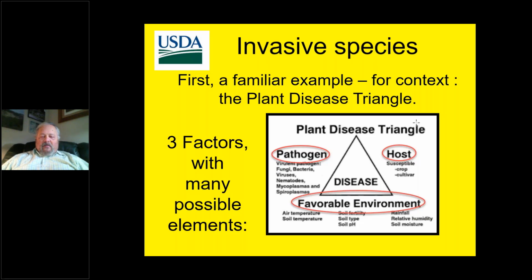And essentially, this familiar example shows that for you to have a plant disease, you typically need 3 factors that in and among themselves can have various elements and so on. But to have a plant disease, you have to have the presence of a pathogen, a suitable host, and a favorable environment. So those are the things that have to come together for plant diseases.